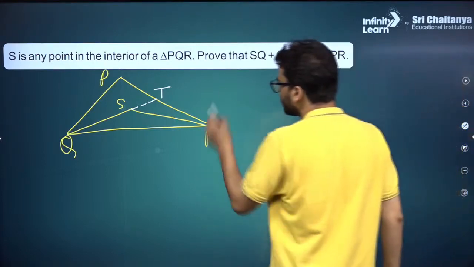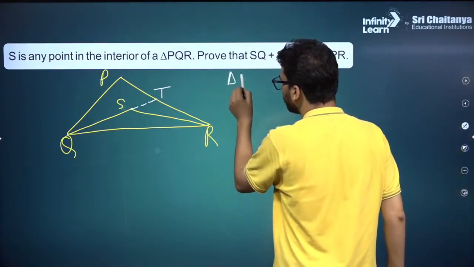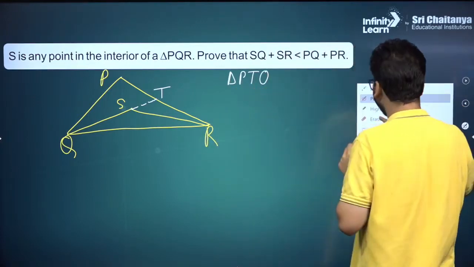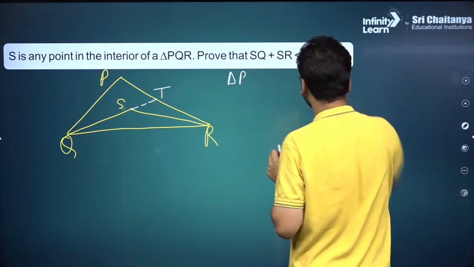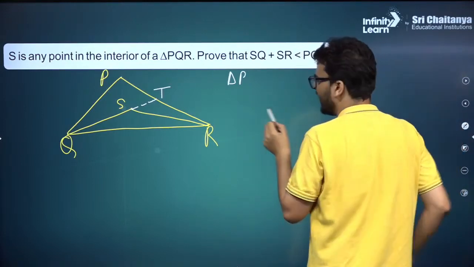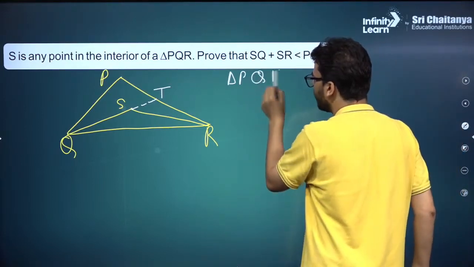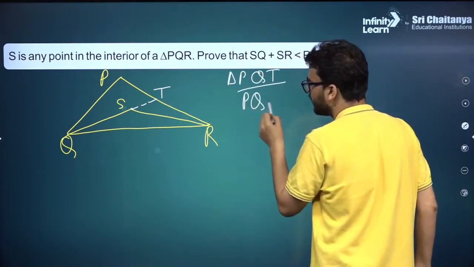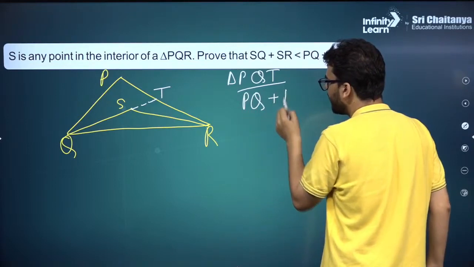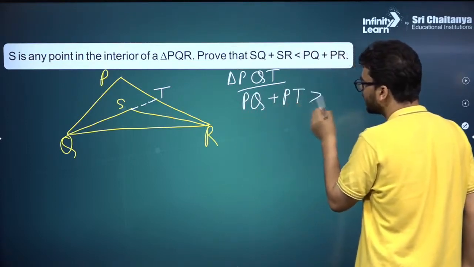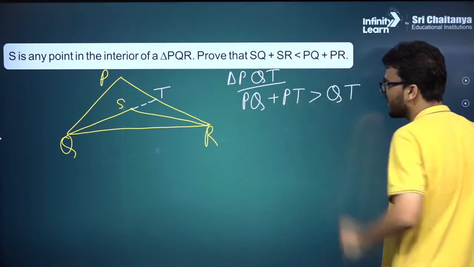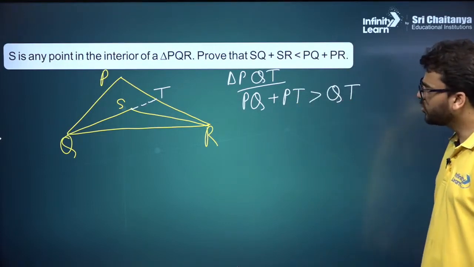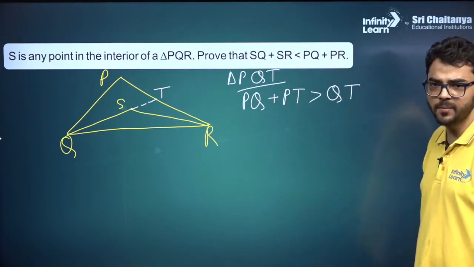Now, if you see triangle PQT, can I not say that PQ plus PT is greater than QT over here, guys? Do you agree with me?